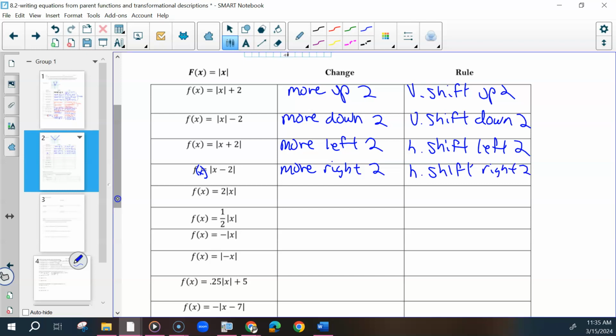Two outside the absolute value. It would get thinner or narrower. And what would that rule be? Vertical stretch by 2.